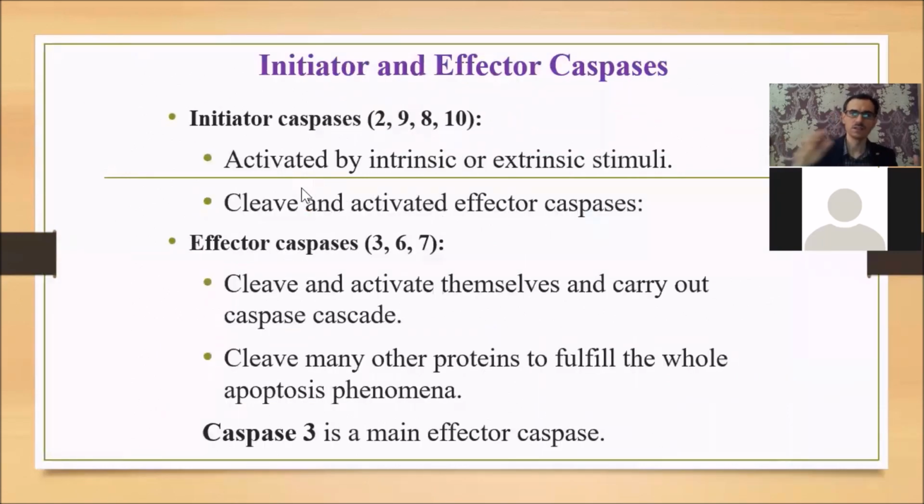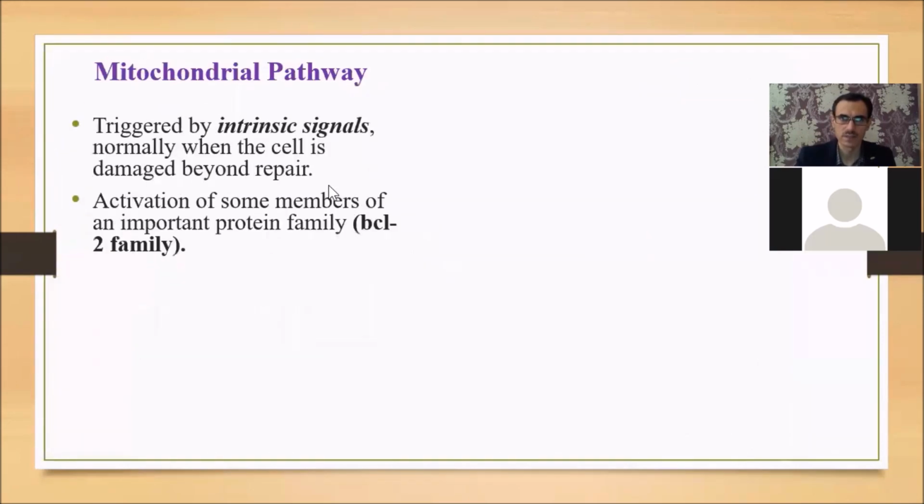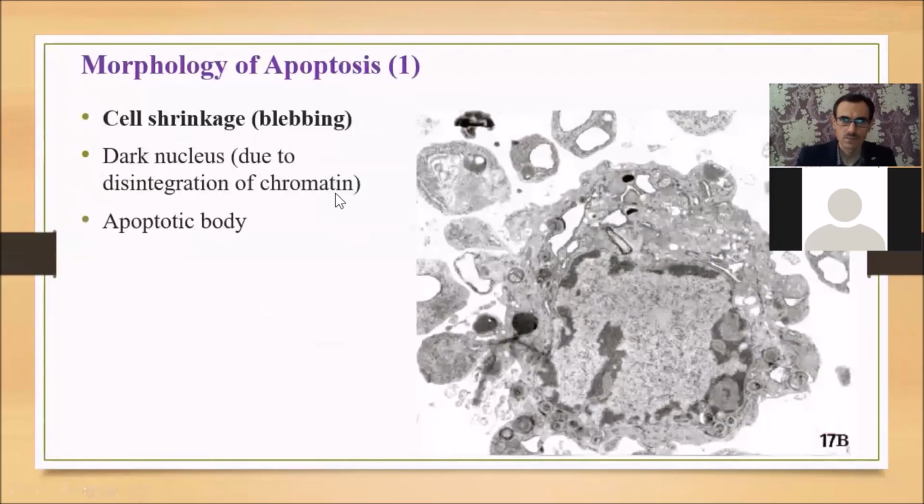There are initiator caspases and effector caspases. The main effector caspase is caspase 3. And here you see also the cell receptor pathway and the mitochondrial pathway. And we also focus on the morphology of apoptosis.